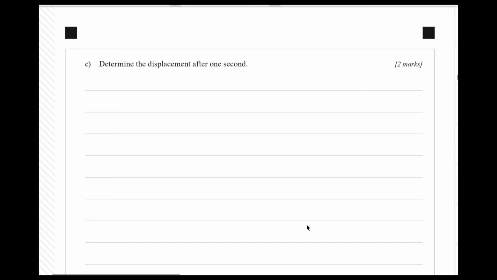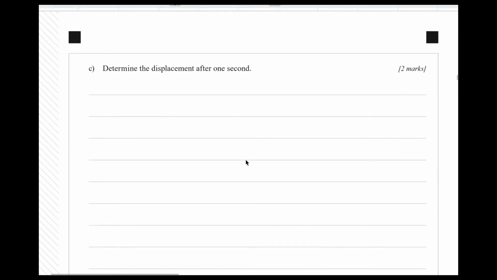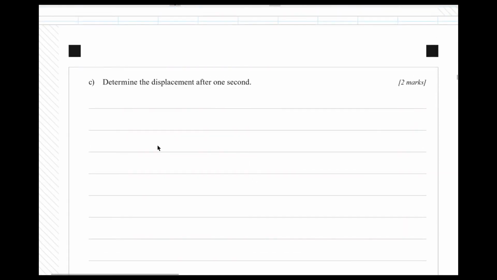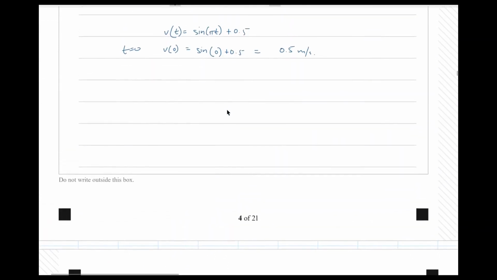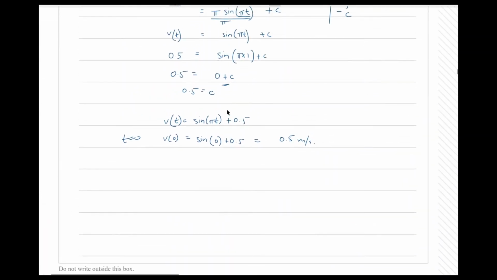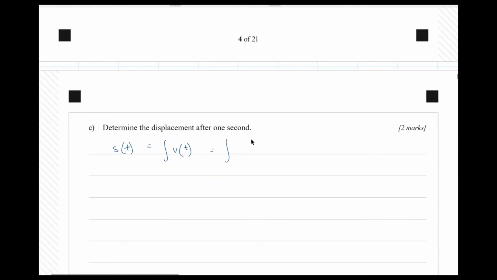Determine the displacement after 1 second. Okay, so first of all, we know that displacement is the integral of velocity, which means we're going to be integrating our answer from part B, which is sine pi t plus 0.5.